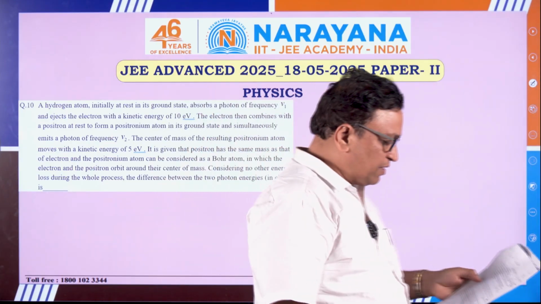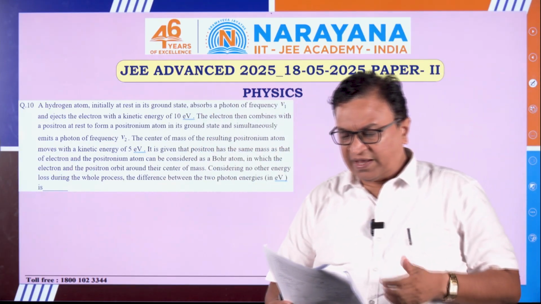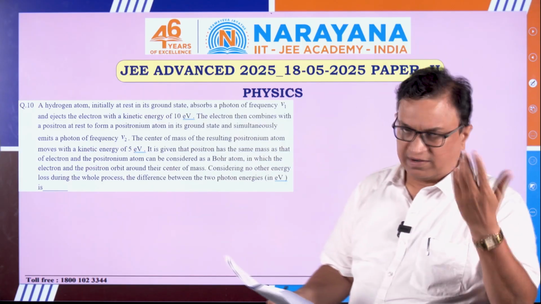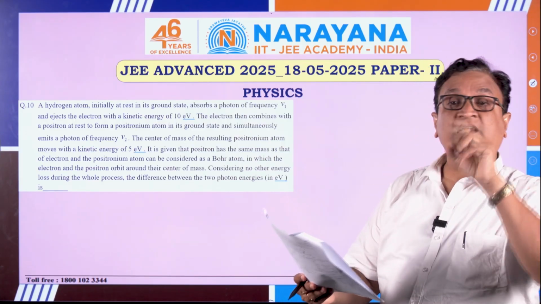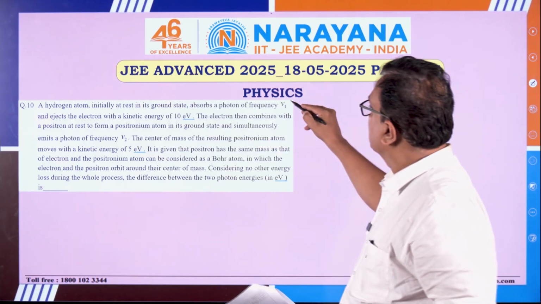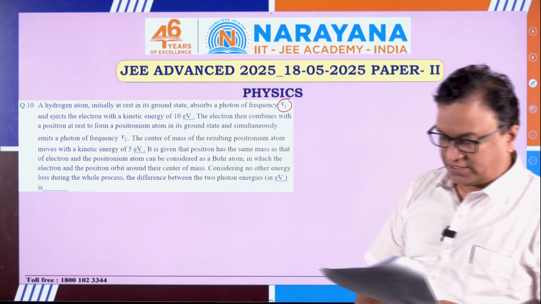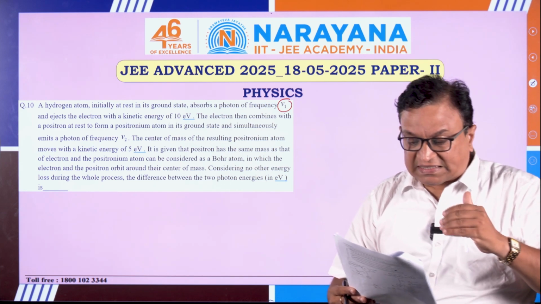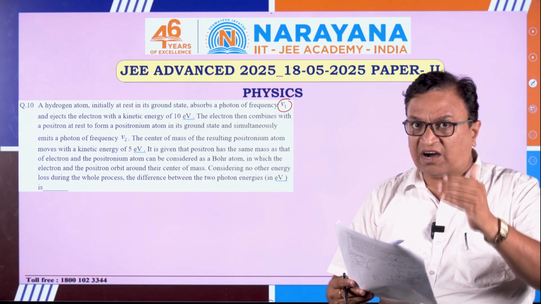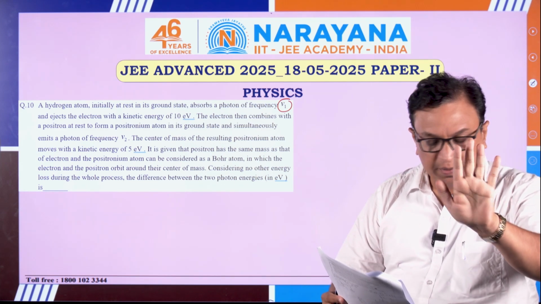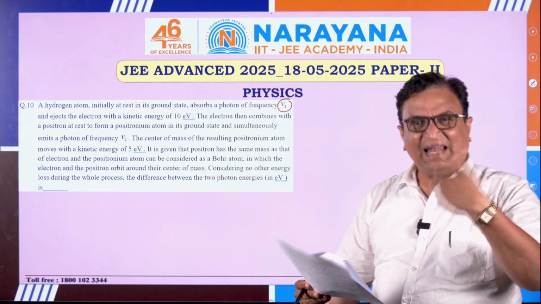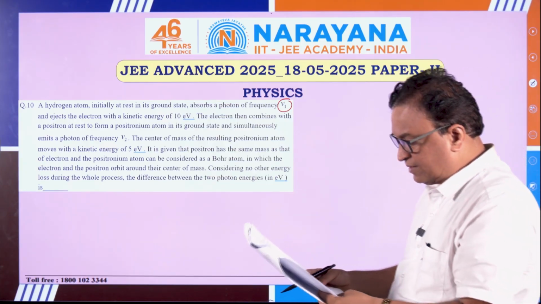A hydrogen atom initially at rest in its ground state absorbs a photon of frequency nu1, and ejects the electron with a kinetic energy of 10 electron volts. Let me analyze this.